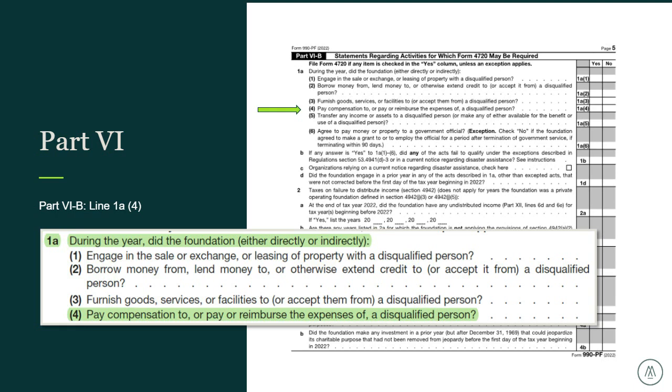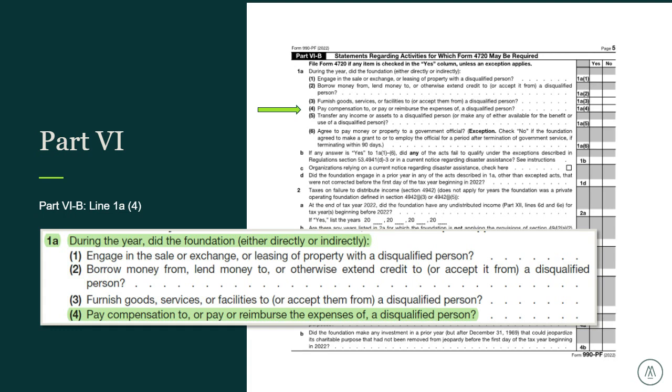And this particular one, during the year, did the foundation either directly or indirectly engage in these activities? So sale or exchange, leasing of property with a disqualified person, borrow money from, lend money to, or otherwise extend credit to or from a disqualified person, furnish goods, services, or facilities from a disqualified person, or pay compensation to, or pay or reimburse the expenses of a disqualified person.